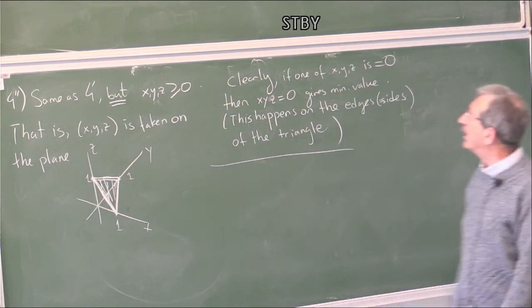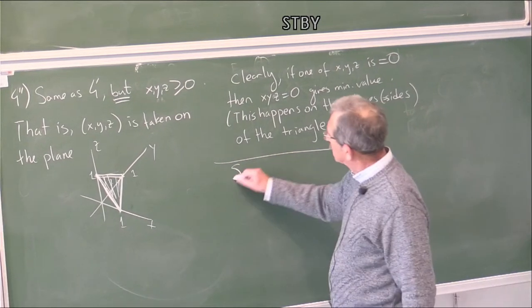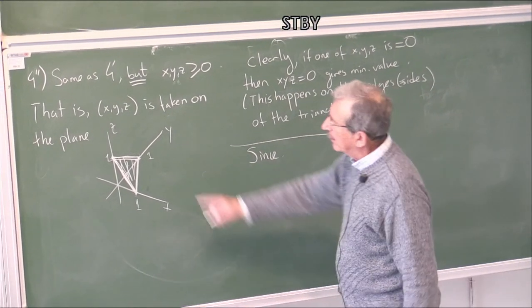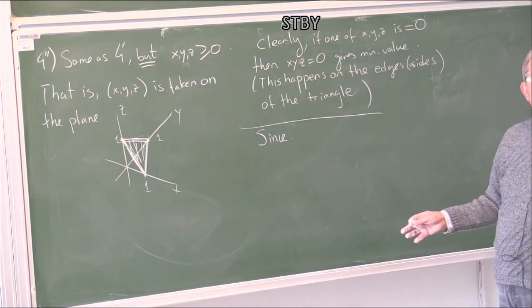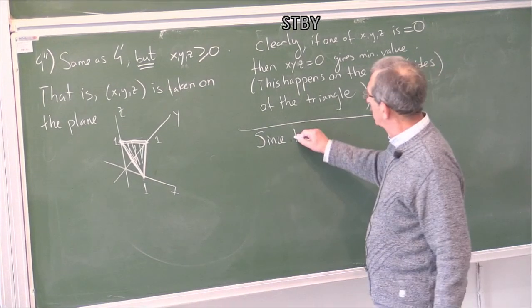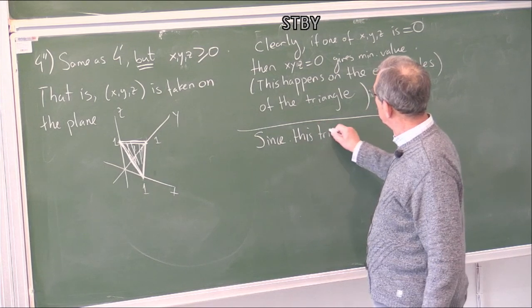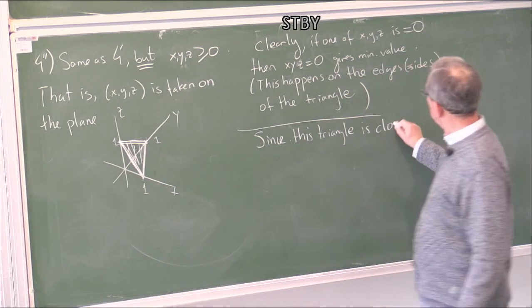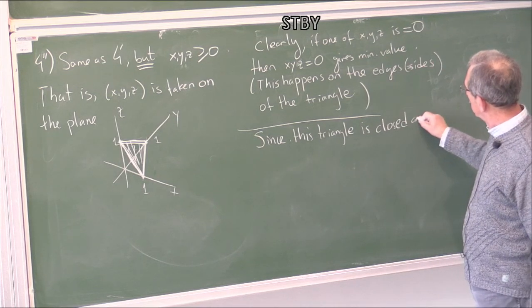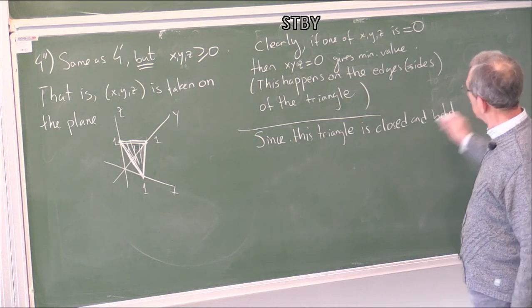Because in this case now, okay, this triangle is closed and bounded. There is a maximum and a minimum. Okay.